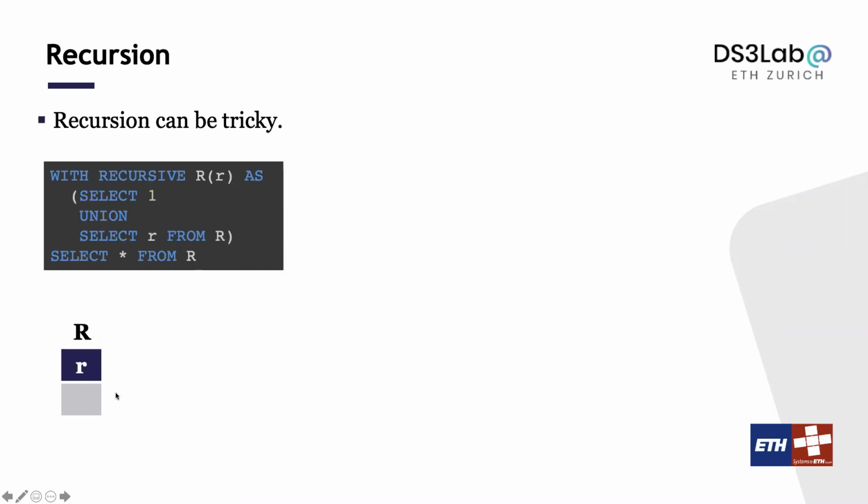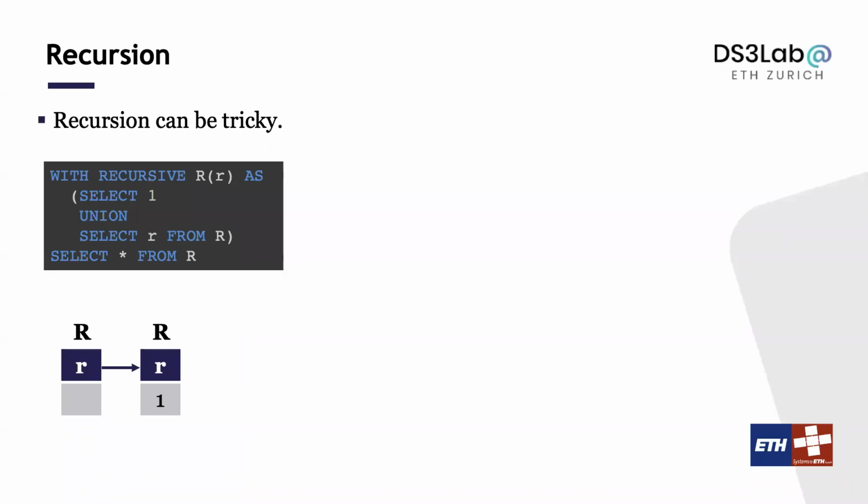So what happened here? The thing before the union is going to give you one tuple, which is 1, because that simply returns 1. The second query is going to return empty, because at this stage R is empty. So the second one gives you an empty relation. You union that with 1, and you get a new relation with only a single tuple, that is 1.